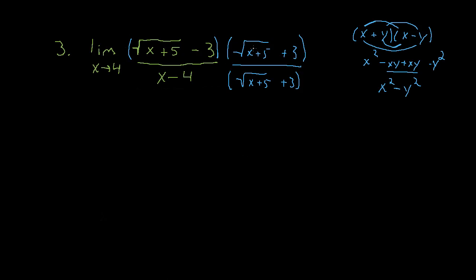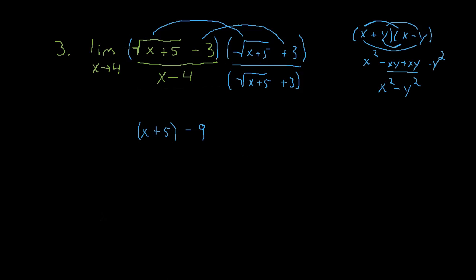The same thing is going to happen here. In other words, I just have to worry about multiplying this first term, which just gives us x plus 5. The square root of x plus 5 times the square root of x plus 5 is just x plus 5. And really our last term, my last term here is going to be negative 9.